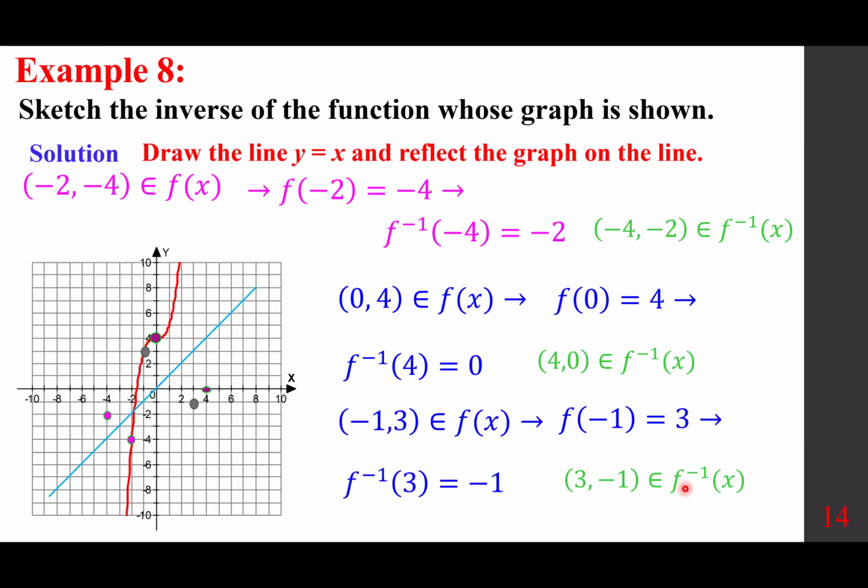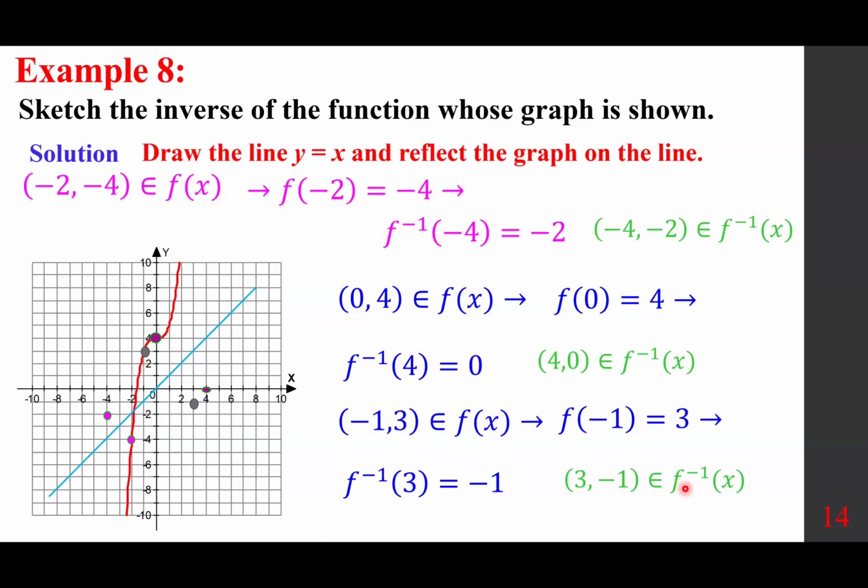The other thing that is extremely important, if inverse functions ever cross, at the point of intersection, their x and y must be identical because the x coordinate becomes y, the y coordinate becomes x for the inverse function.